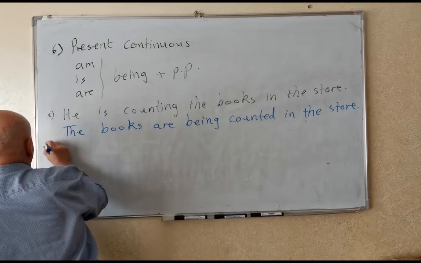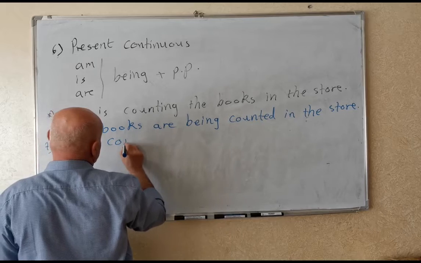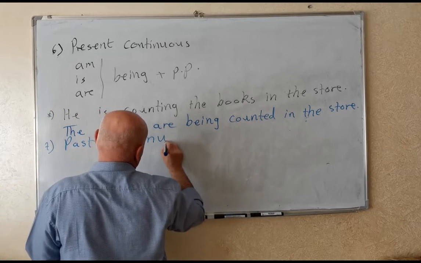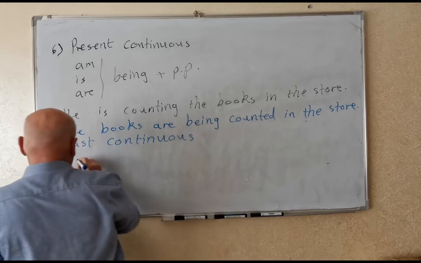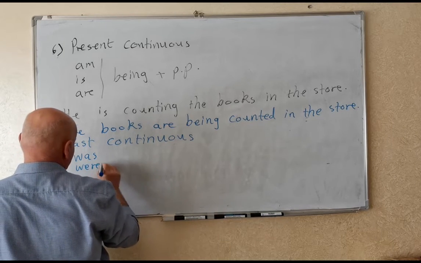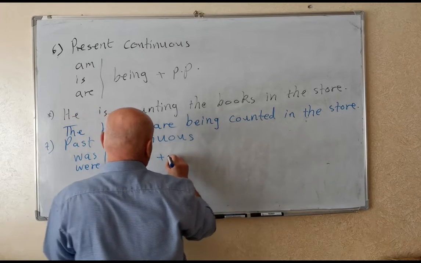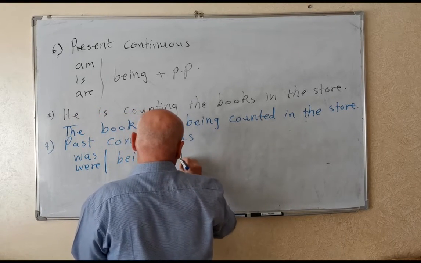Number 7, past continuous. We use was or were plus being plus the past participle of the verb.